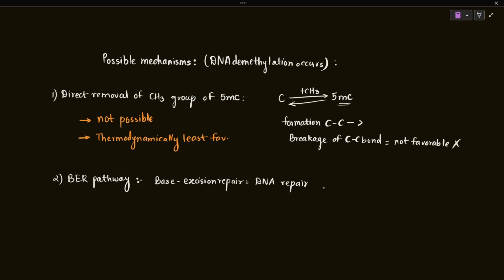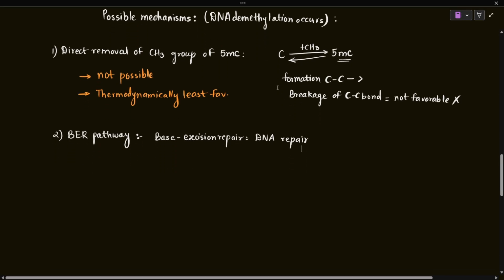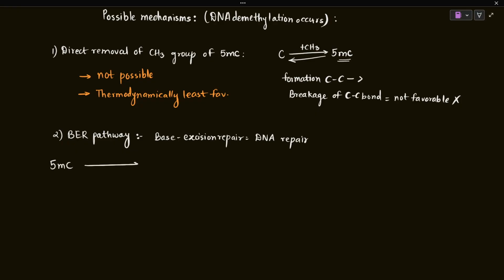When we were learning about DNA methylation, we learned that 5-methyl cytosine can undergo deamination, and it gets converted to thymine.